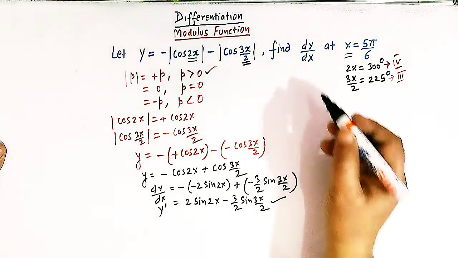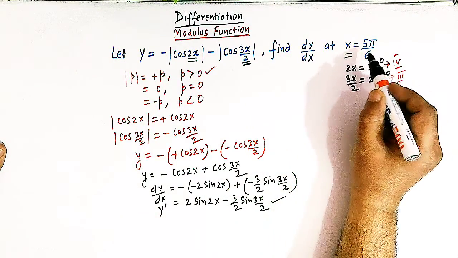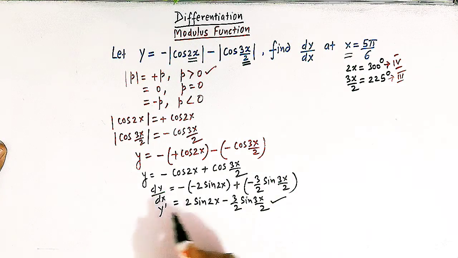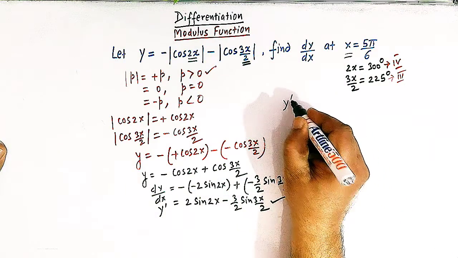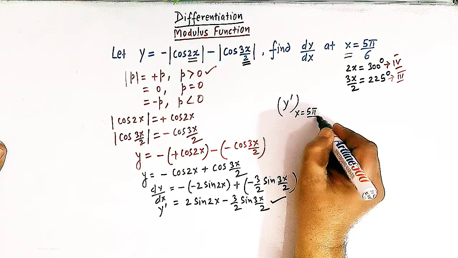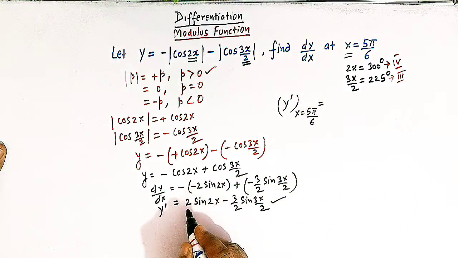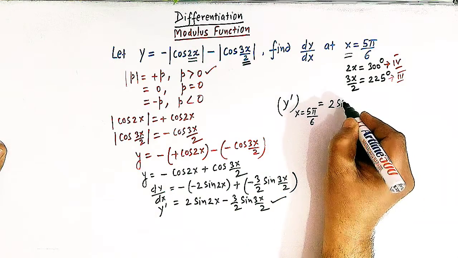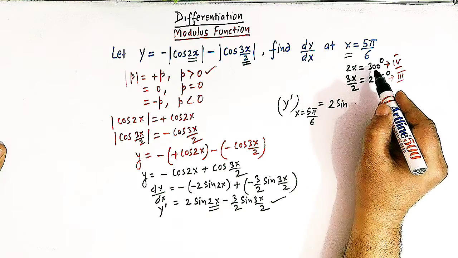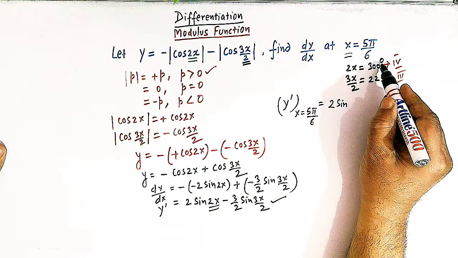So now we have to find the derivative at this point, that is x is equal to 5 pi by 6, right? So we have y prime at x is equal to 5 pi by 6. So here we have 2 sine 2x, right? Now 2x is equal to 300 degrees.